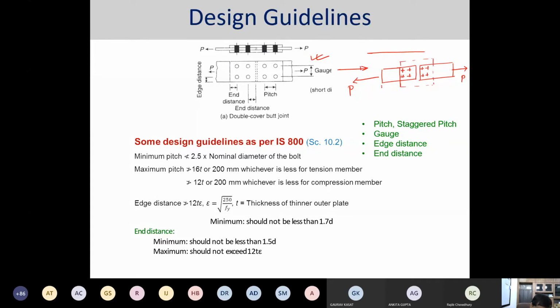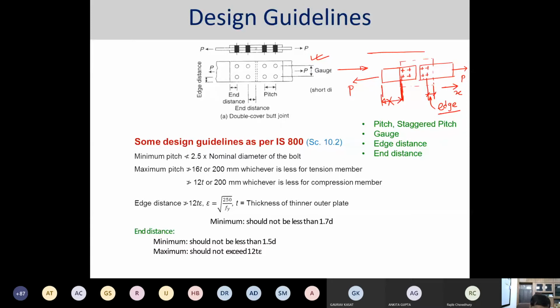Now, from here to the end, this distance, from here to here, or sometimes you may refer from here to here also, this is called the edge distance. The edge distance means the force is applied in the x direction.